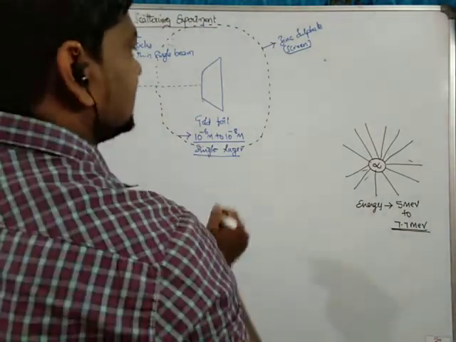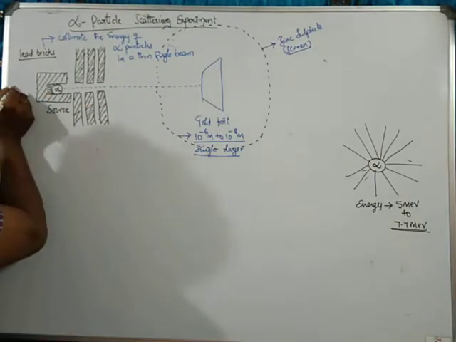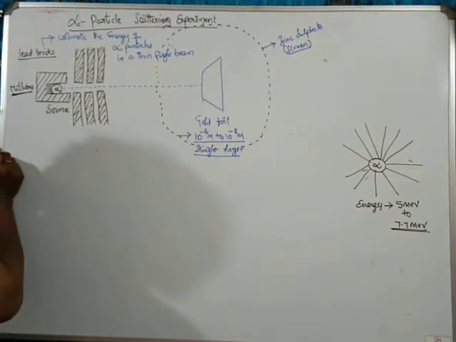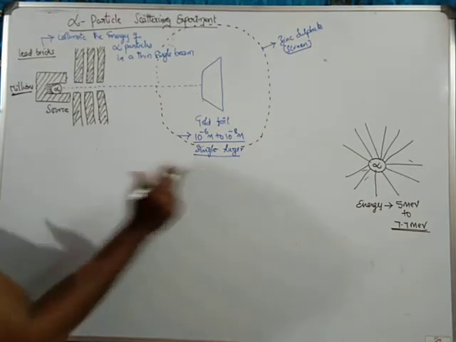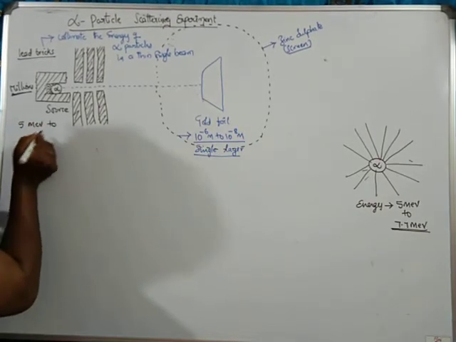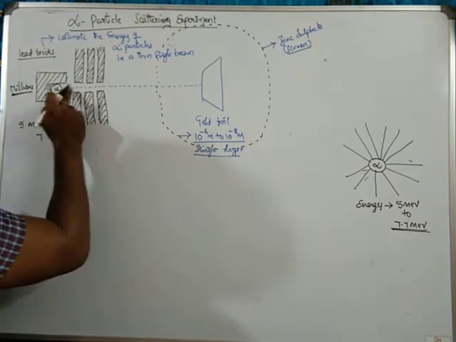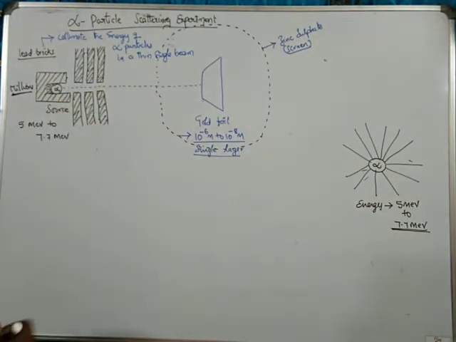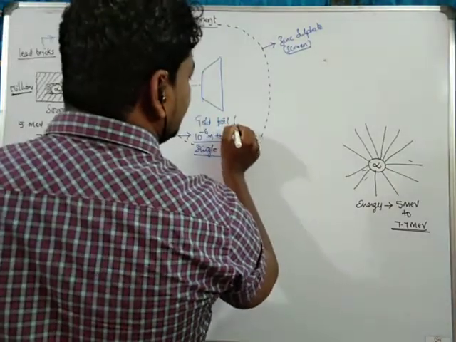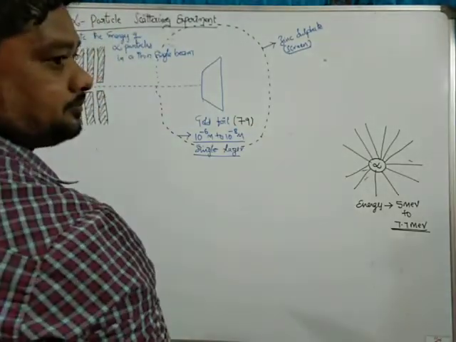Next, whenever we are releasing millions of alpha particles from the source with the energy of 5 mega electron volt to 7.7 mega electron volt in a single layer through a gold foil, here we already know the atomic number of gold is 79.